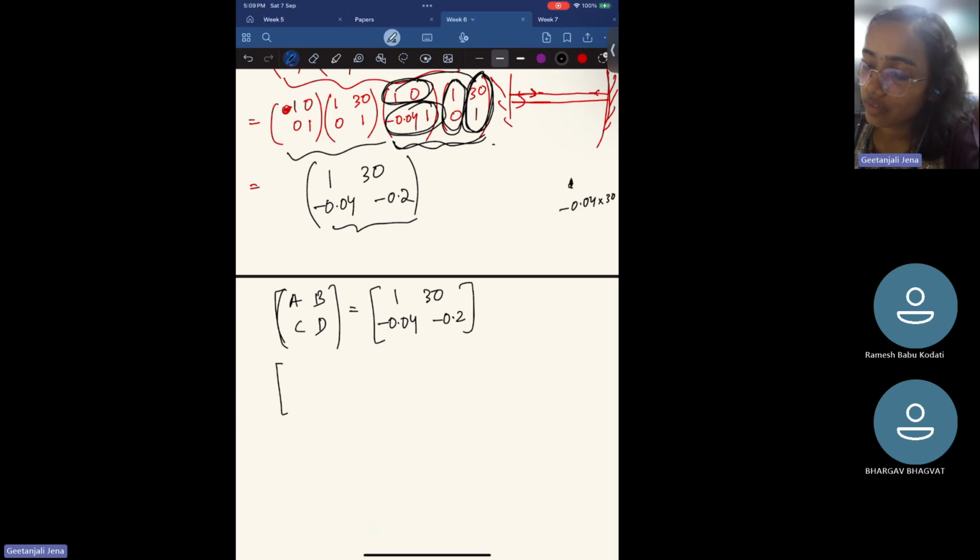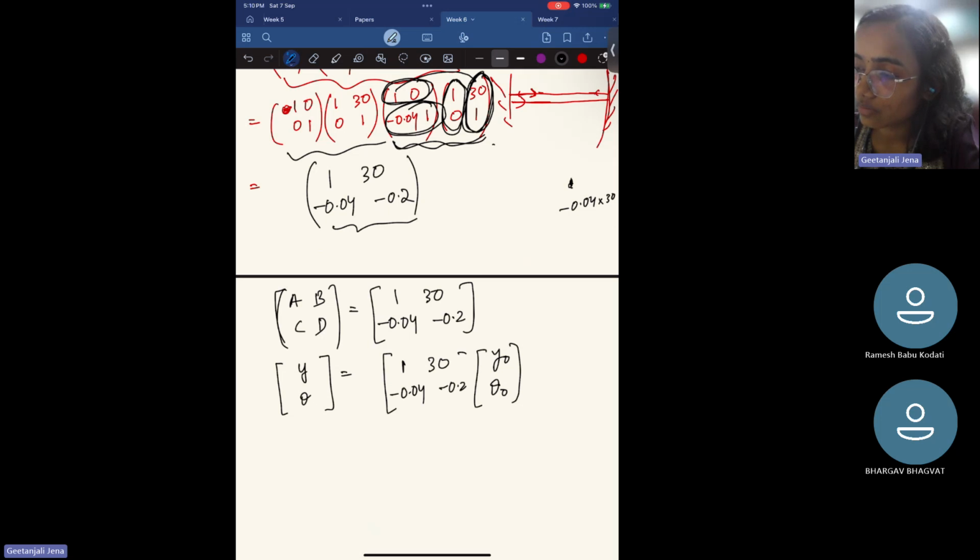Now, if you want to find out the value of the final position, that is y and theta, if the initial position is y0 and theta 0, these are related by the ray transfer matrix, which is 1, 30, minus 0.04 and minus 0.2.